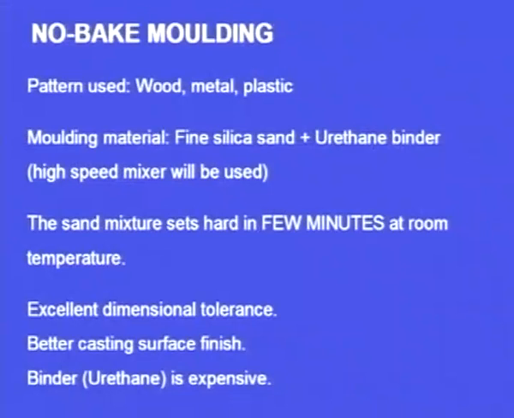Next process is the no bake moulding. To overcome the problems of green sand moulding, people developed the sodium silicate moulding process, that is the self hardened and the carbon dioxide hardened.